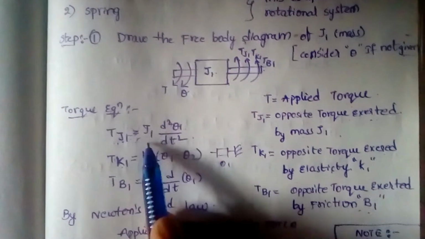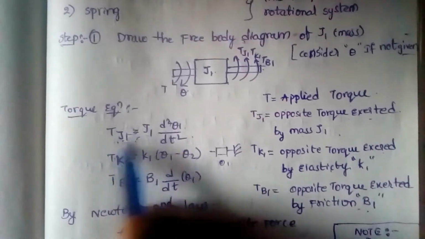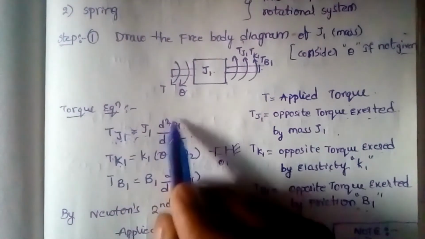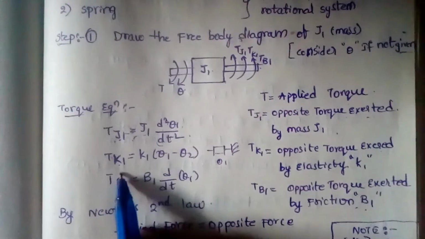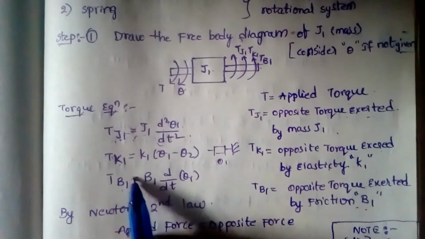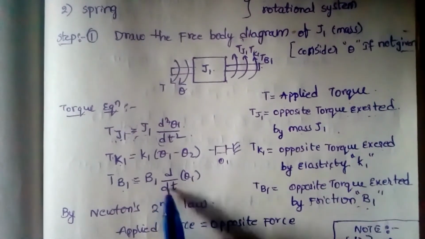So Tj1 is equal to J1 times d square theta 1 by dt square. Whenever mass torque is applied, we get d square. Whenever friction is applied due to a dashpot or surface, then d by dt applies.